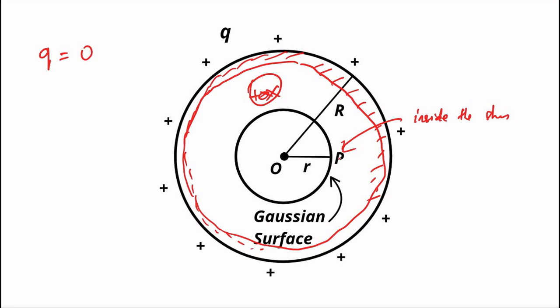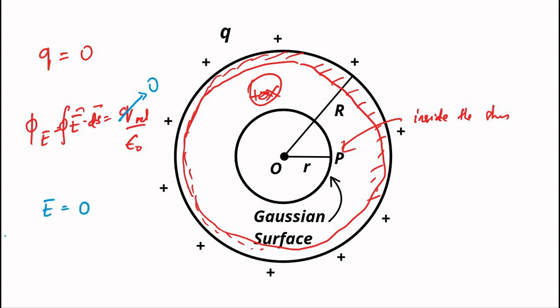As the charge enclosed by the Gaussian surface is equal to 0, the electric flux, closed surface integration of E dot dS vector, is equal to Q net by epsilon 0. As this Q net charge enclosed is 0, the electric field inside the shell is also equal to 0.